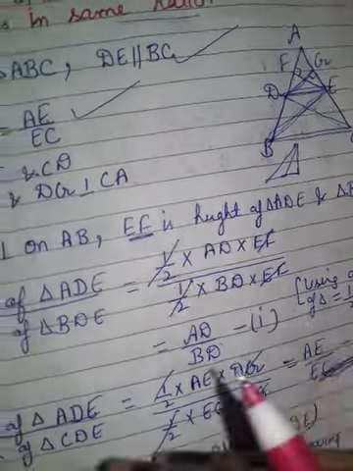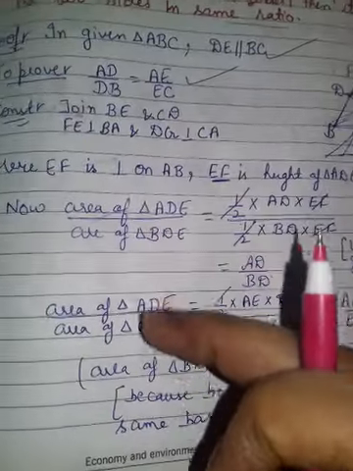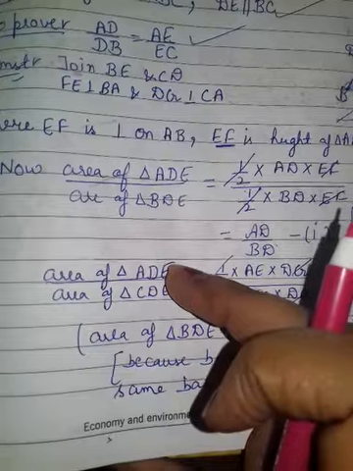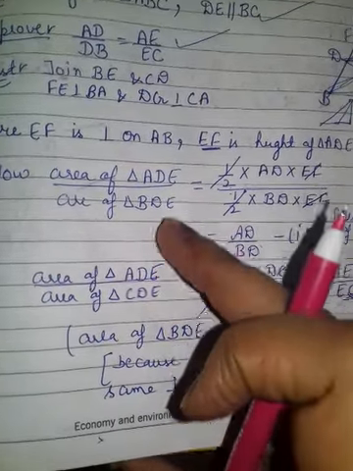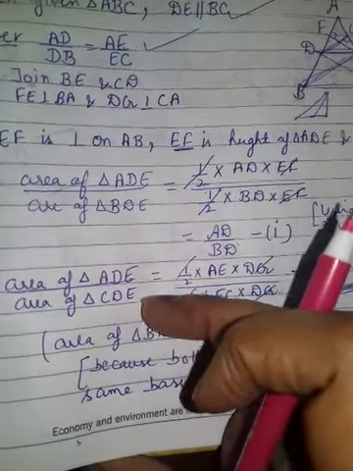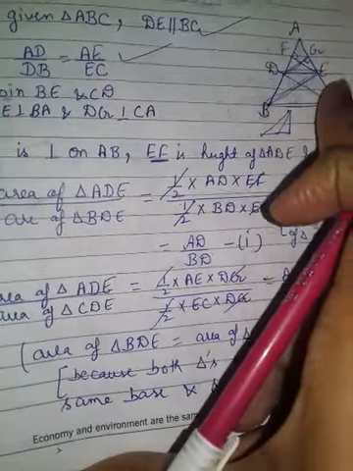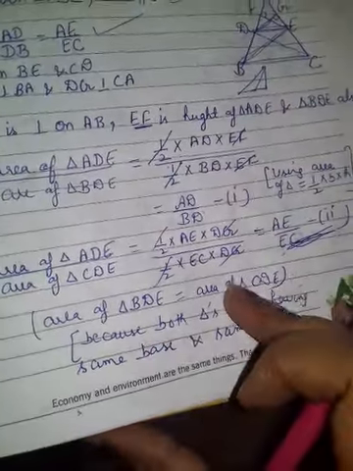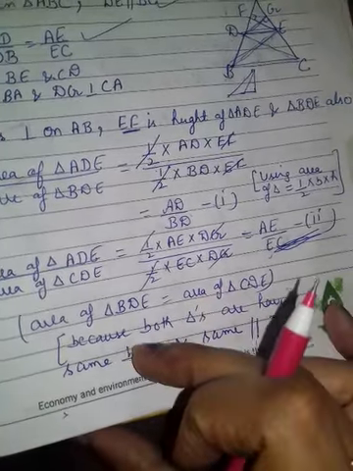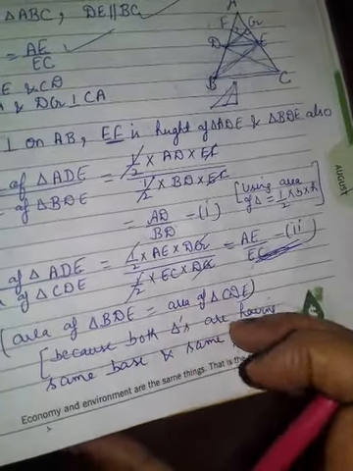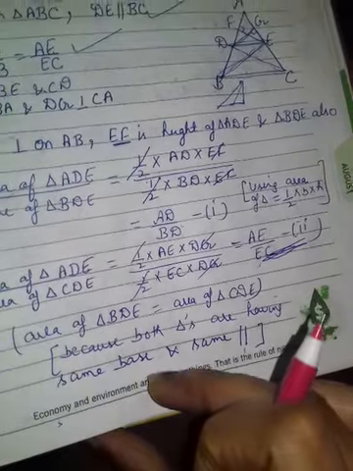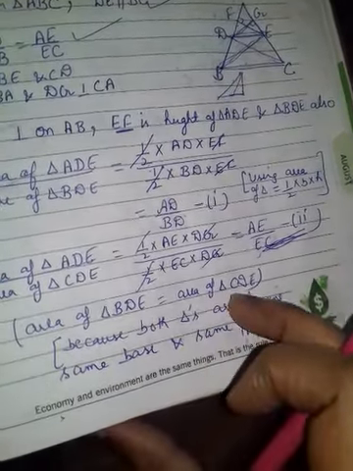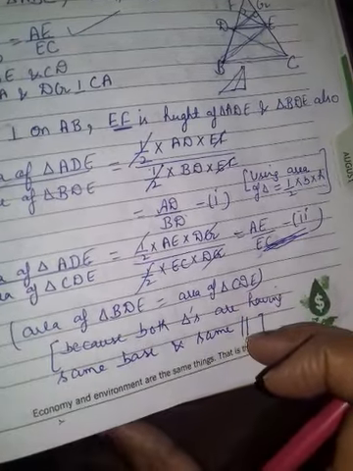Now you were thinking, see, in these two the above ones are both equal, means the numerator is equal, but the downside is not equal. Now see, BDE and CDE, both triangles are equal. What's the reason? Because these triangles have the same base, DE, which is in both triangles, and the same parallels.